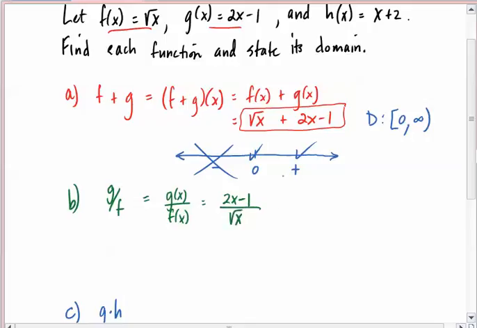I'm going to leave that radical on the bottom. We're not going to worry about leaving irrational numbers on the bottom because we don't know that it's irrational, and so we don't need to rationalize because it is a variable. Leaving it there also helps me pick out my values that are going to be okay for the domain.